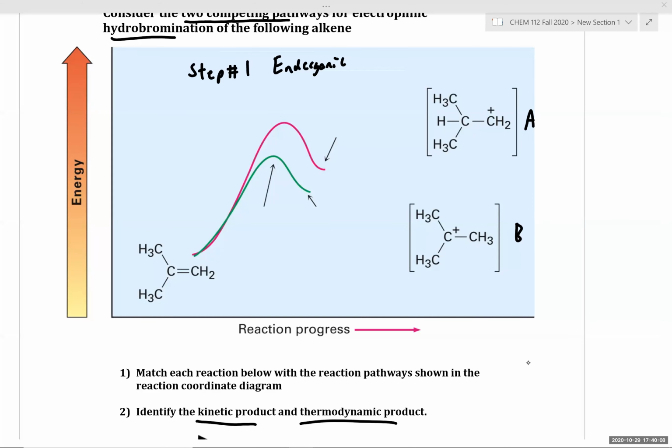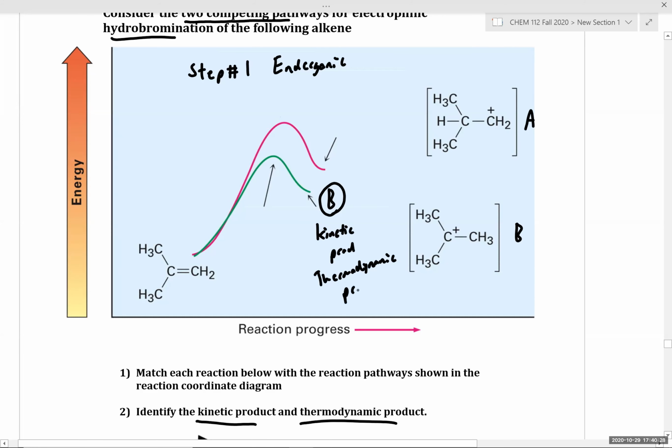So we have a proposal that this pathway in green would generate our intermediate B. And we have a student proposing in the chat that B is the kinetic product and the thermodynamic product. I'm going to put this in quotes since these are intermediates.